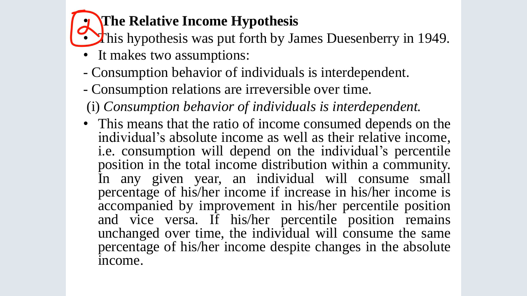So what do we mean by the consumption behavior of an individual is interdependent? This simply means that the ratio of income consumed depends on the individual's absolute income as well as their relative income.